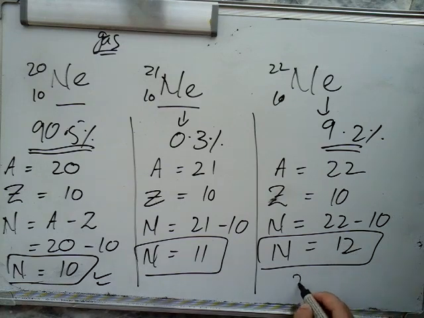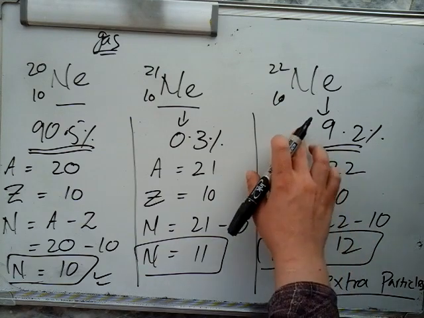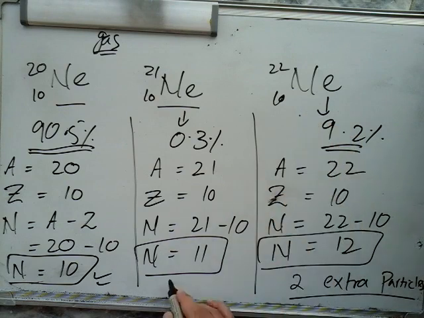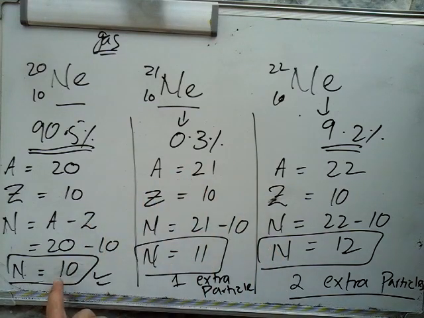So 2 extra particles are present in the nucleus of this neon, and here 1 extra particle is present in the nucleus of the other neon, and here the neutron number is 10.